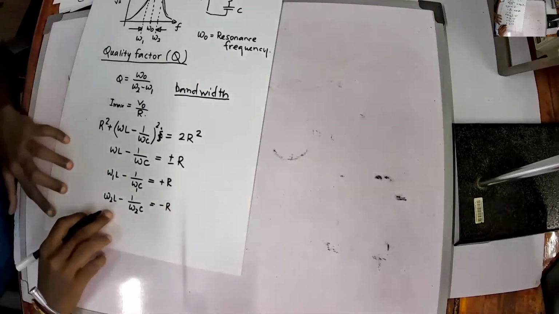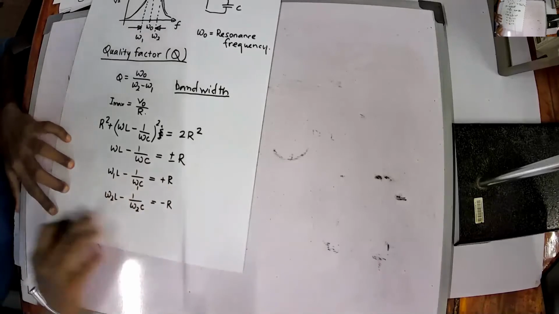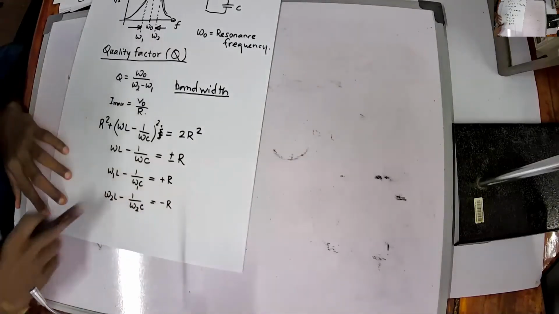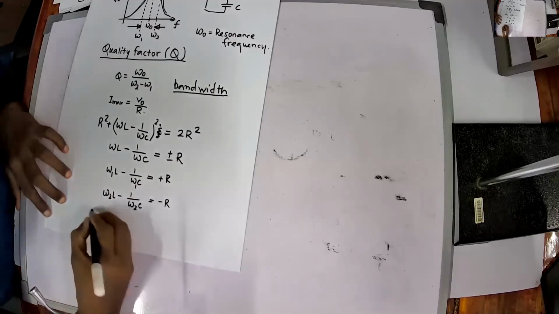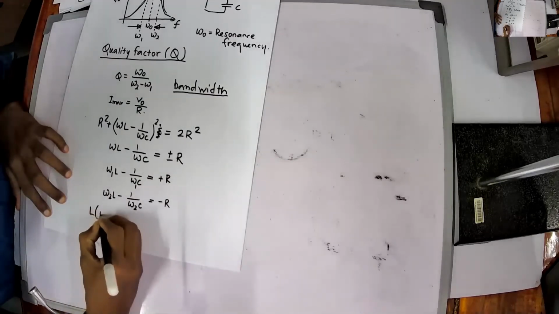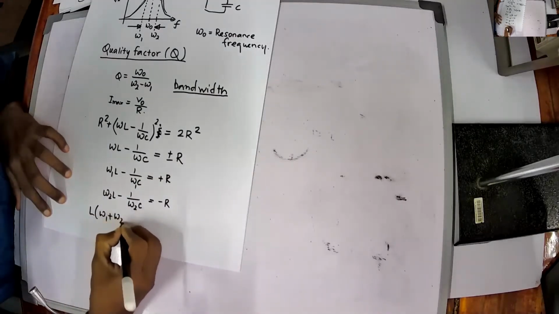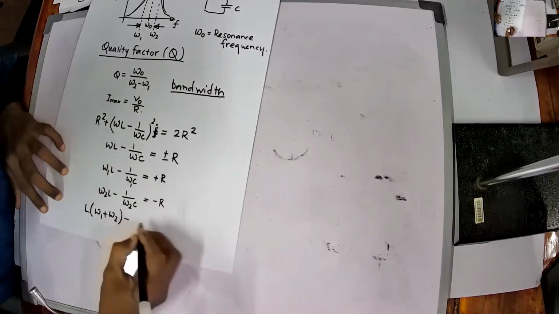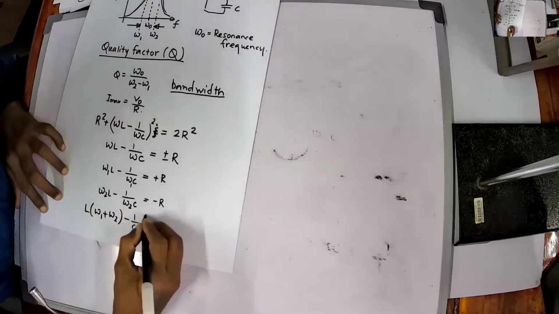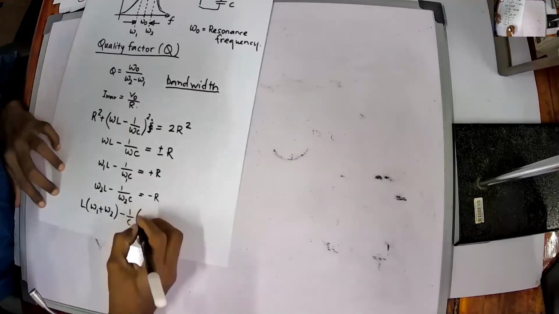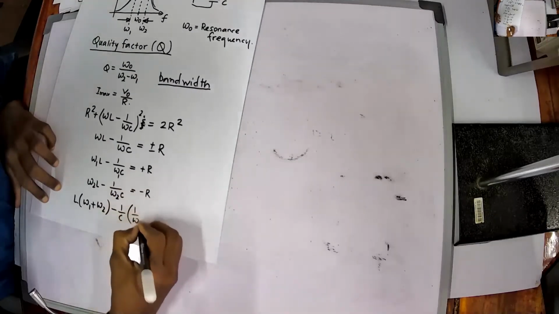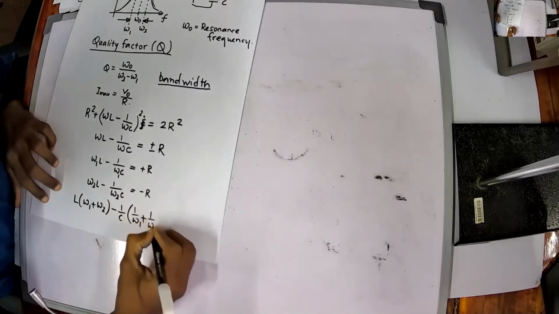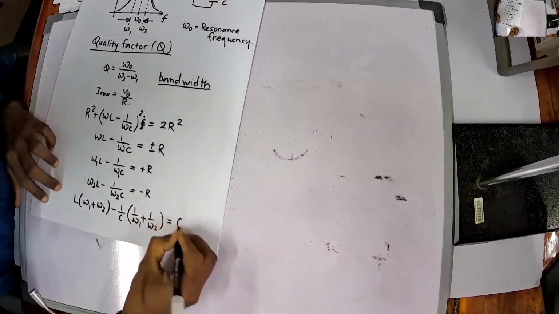So simply, what we can do is first add these two together. Plus R minus R becomes 0. So I can write it as L into omega 1 plus omega 2, minus 1 over C into 1 over omega 1 plus 1 over omega 2, equals 0.